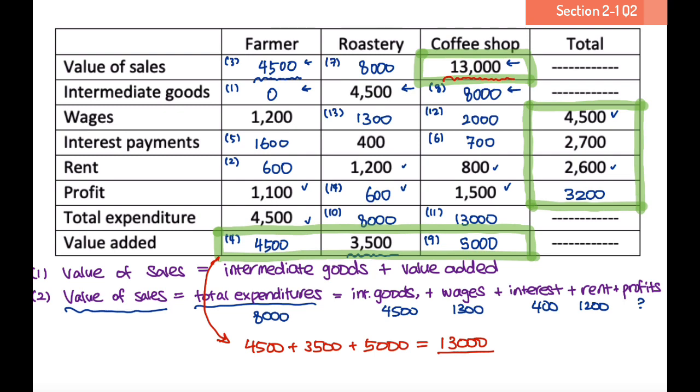Lastly, looking at the sum of factor income, we have 4,500, 2,700, 2,600, and 3,200, which also sums up to 13,000. So the GDP in our economy is 13,000. And this is also another way we can check to make sure that our math is correct.